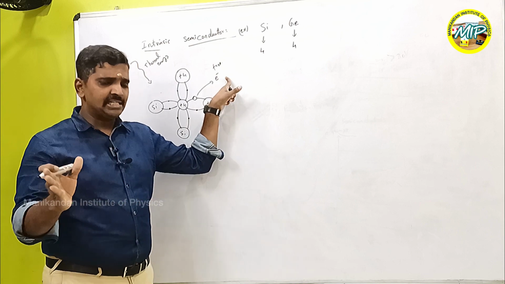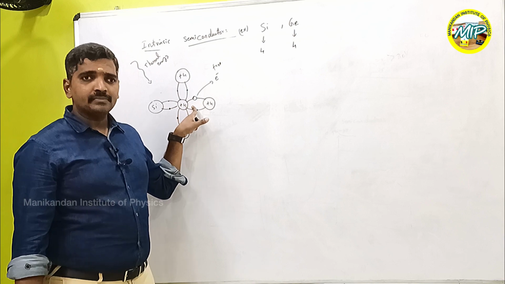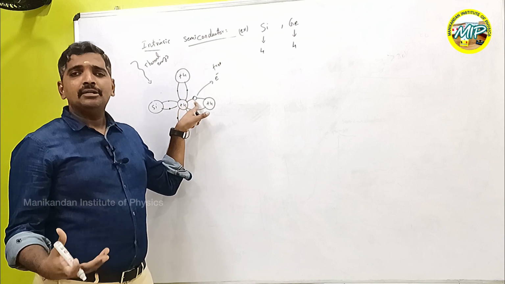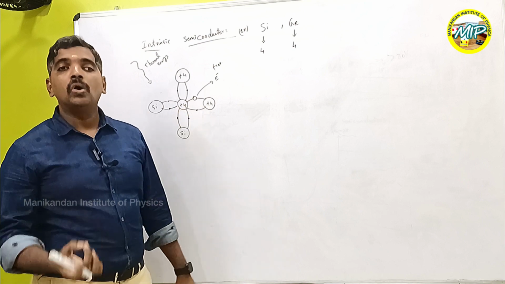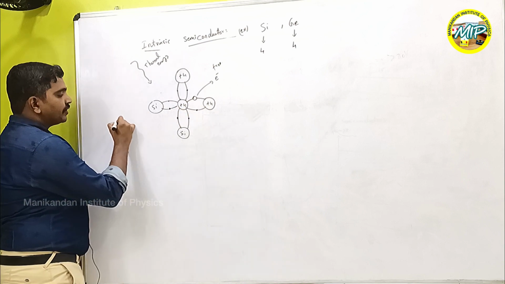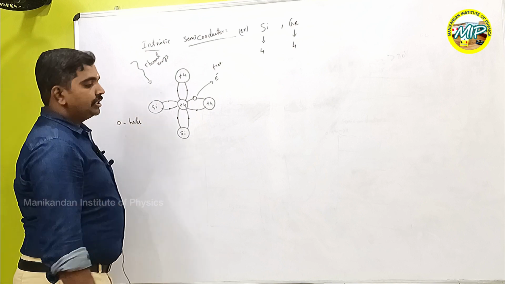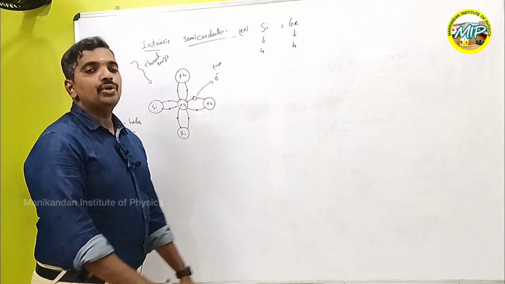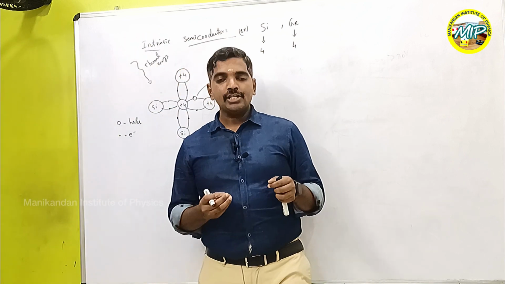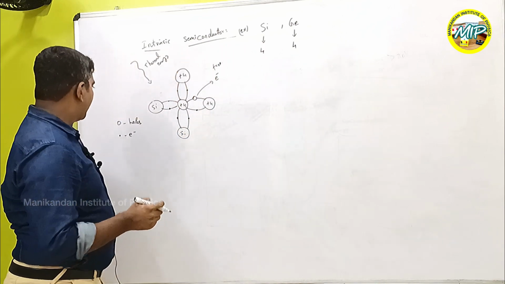This vacancy is called a hole. From here onwards, a circle stands for holes and a dot stands for electrons. Holes are positively charged and electrons are negatively charged.